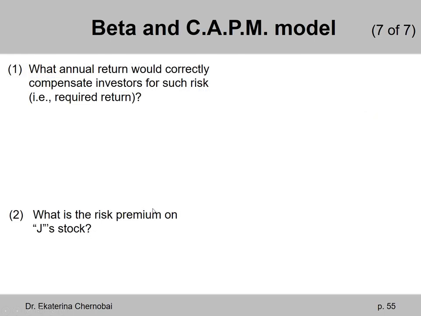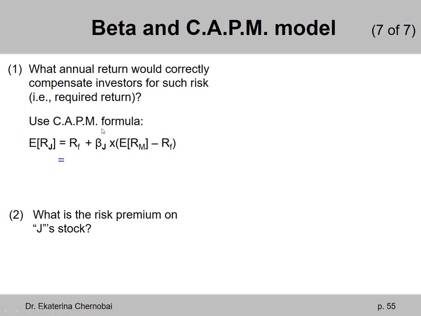Let's start with question number one. We look at the CAPM formula, which is what we need to use to calculate the expected return on firm J stock. And we plug in all the numbers that were given. The risk-free rate, which appears in two places in the formula, is in decimals 0.038. The beta is 1.6, and the expected return on the market portfolio was given as 12.3%, or 0.123 in decimals.